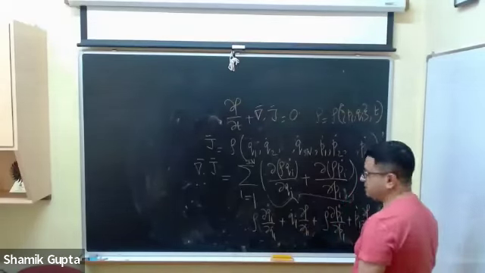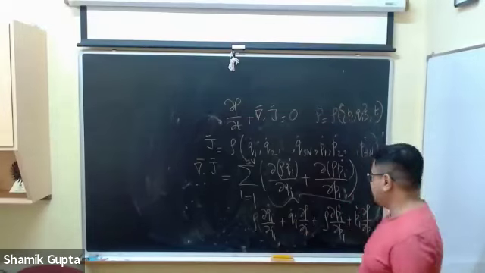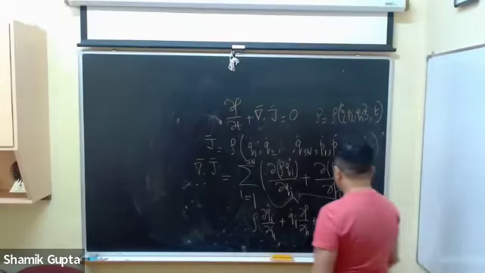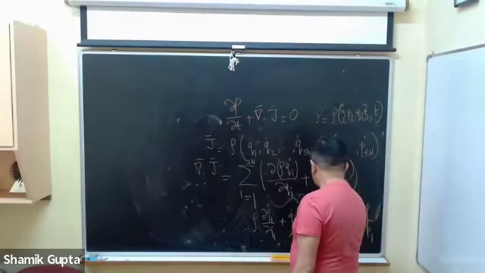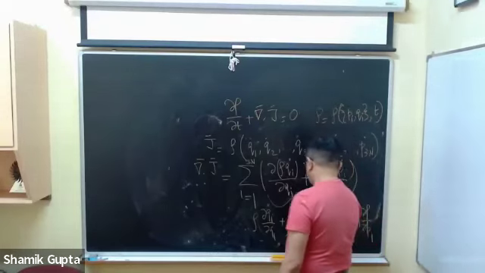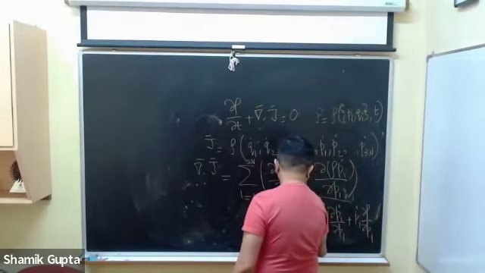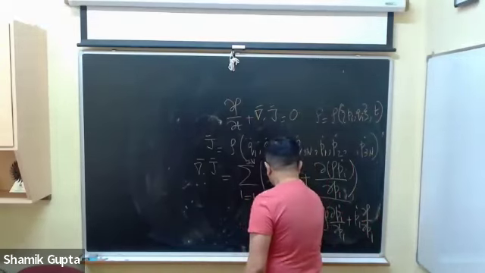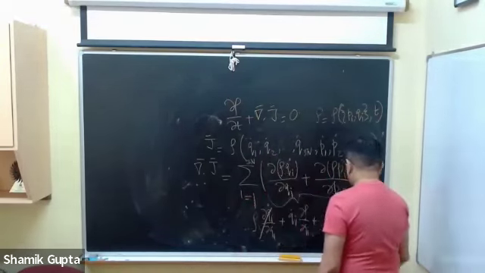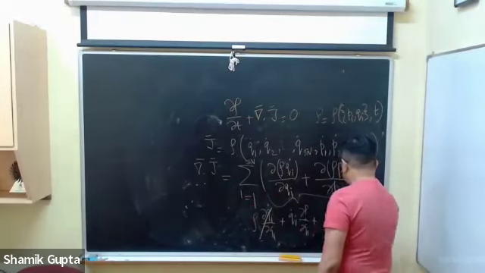There will be four terms just using the chain rule of differentiation. But these two terms will cancel. This term will cancel with this term.